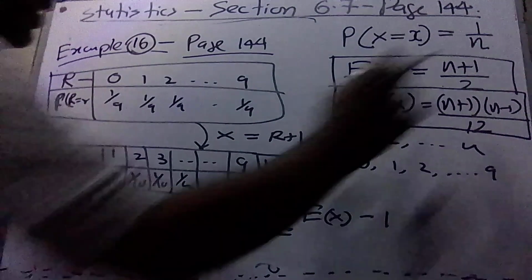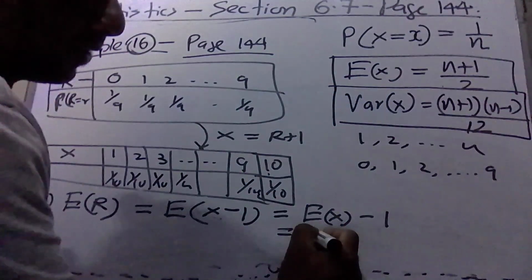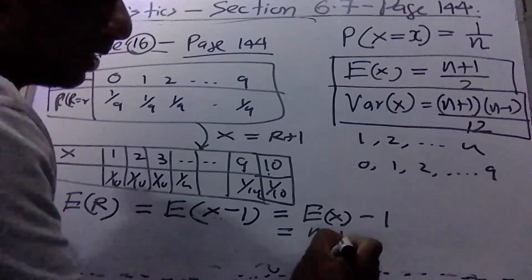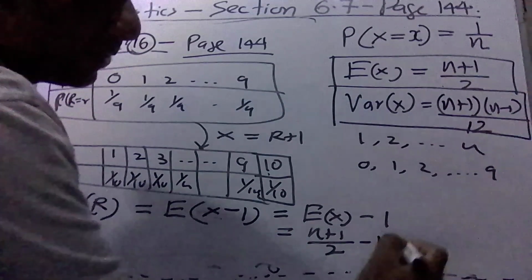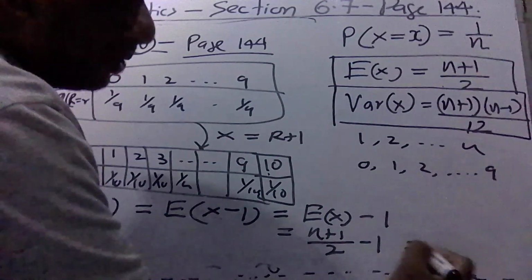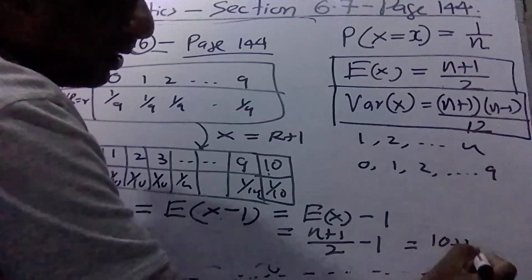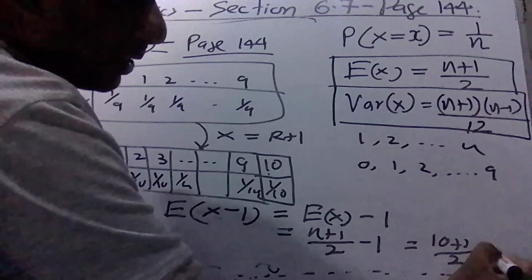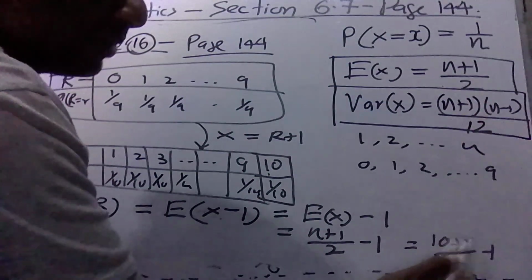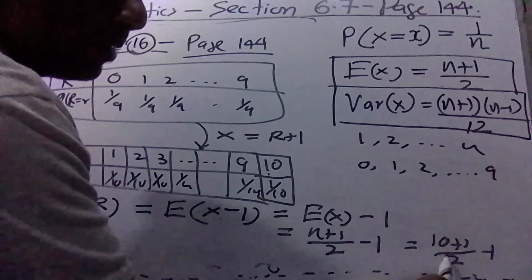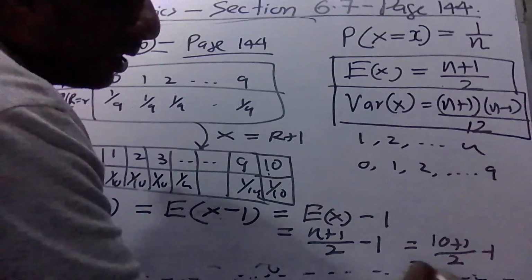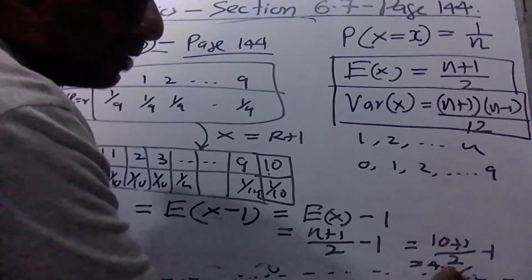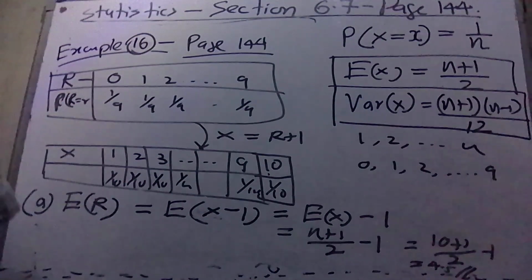E(X) is then (n plus 1) over 2, minus 1. That is (10 plus 1) over 2 minus 1. So 11 over 2 is 5.5, and the answer will be 4.5. We'll check the answer whether I am right. Yeah, that one is correct.